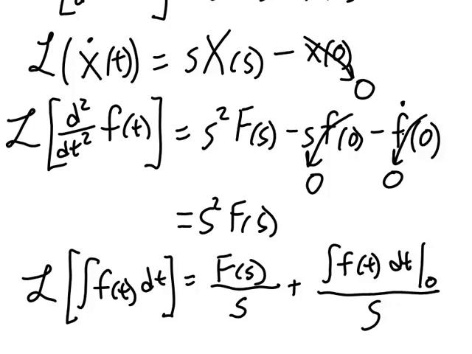Similarly to how we have assumed initial conditions to be 0 above, we often assume that the initial condition here is also 0. Thus, we're left with the general rule that the derivative of a function corresponds to multiplication by s in the Laplace transform domain, and that integration of a time function corresponds to multiplication by 1 over s, or division by s, in the Laplace transform domain.